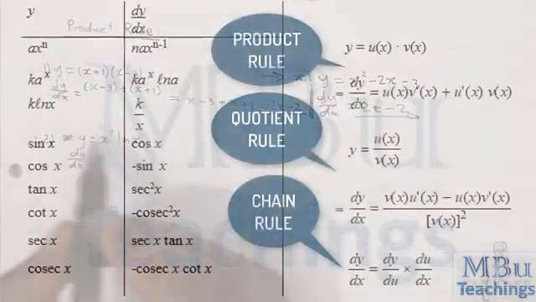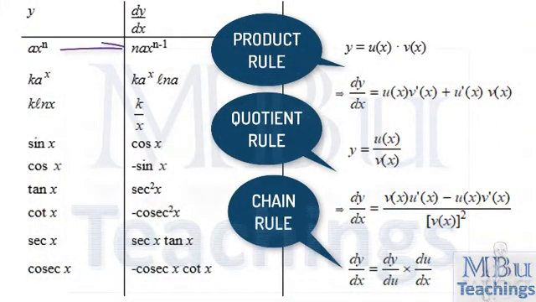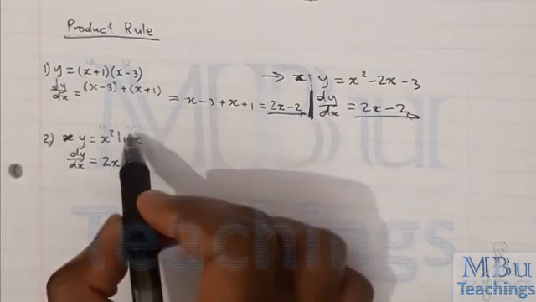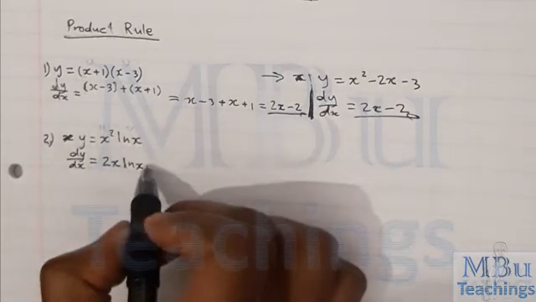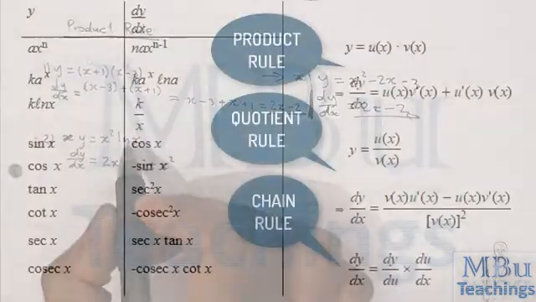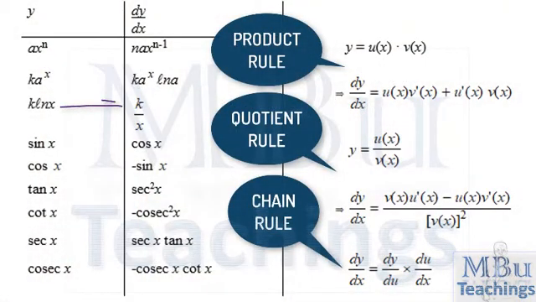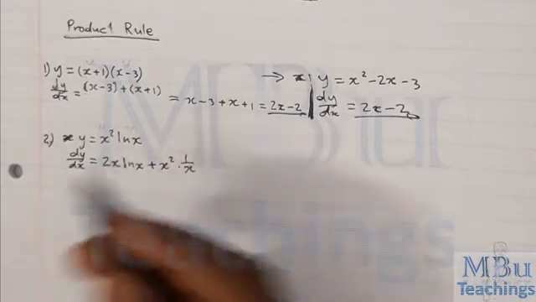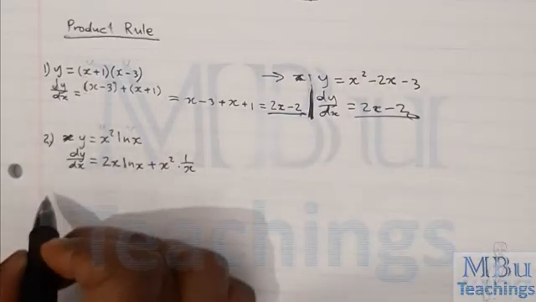Remember, for this one you can start with anyone, but I'll start with u. So my u will give me 2x ln x. Then I can go to v plus x squared times, then I derive v is 1 over x. Then I can leave it like this or I can add it up, it doesn't matter, it depends on me.